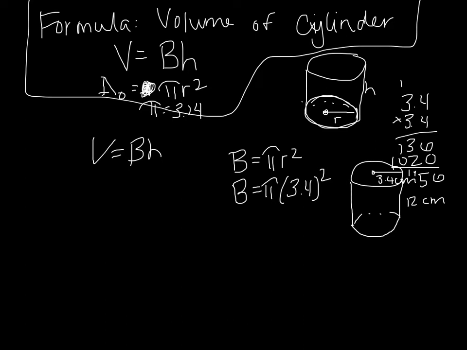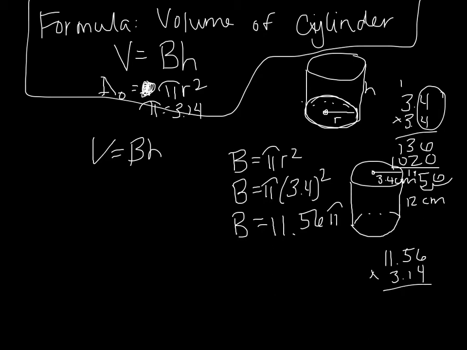I have 2, so bring it back to 5, 6 pi. 11 and 56 hundredths pi. And then I'm going to take my 11 and 56 hundredths and multiply that by 3.14, because that is what pi equals. So I'm just multiplying it by pi to get a good number to work with here.